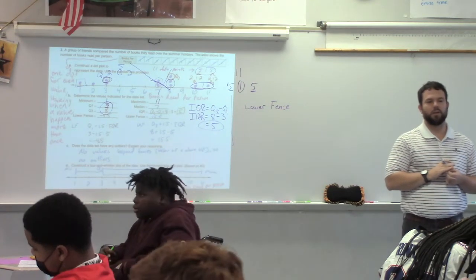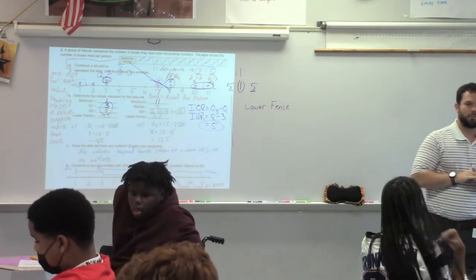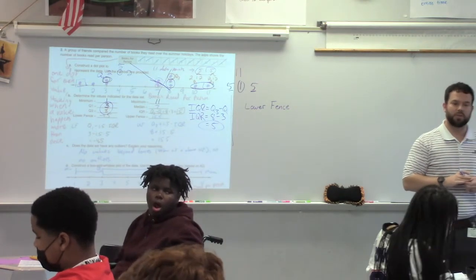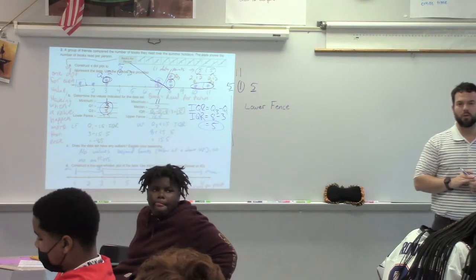Where do we put this? This would be still on number 2, in that space where it's talking about IQR and lower fence and upper fence.